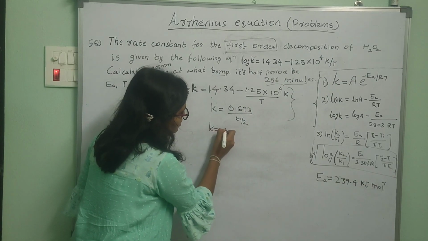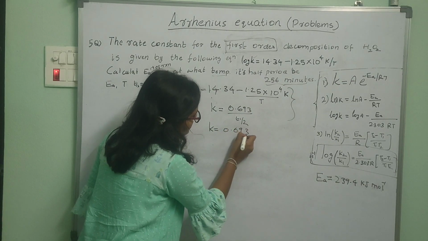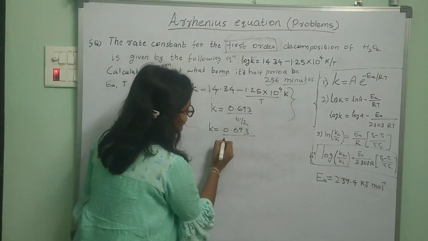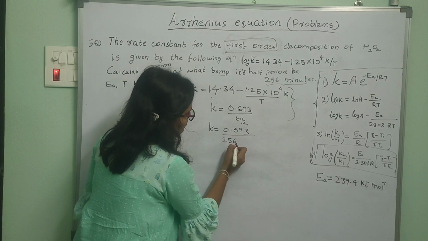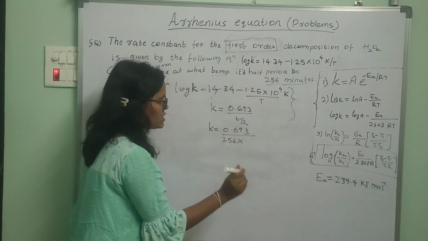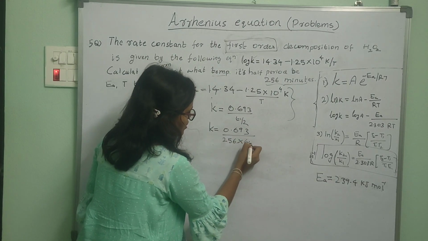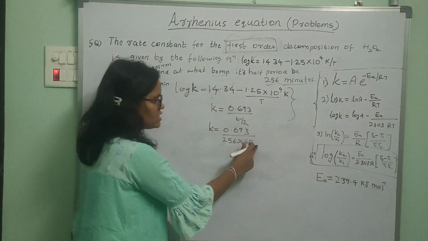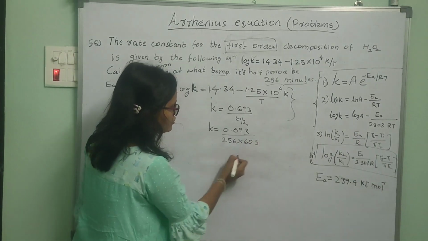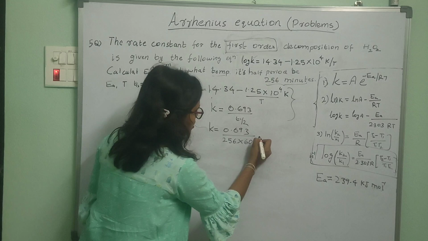So I'll do it. So 0.693, what is T half? 256. But the time is always expressed in seconds. So I'll multiply it with 60 to get seconds. So this would be 256 into 60 seconds.